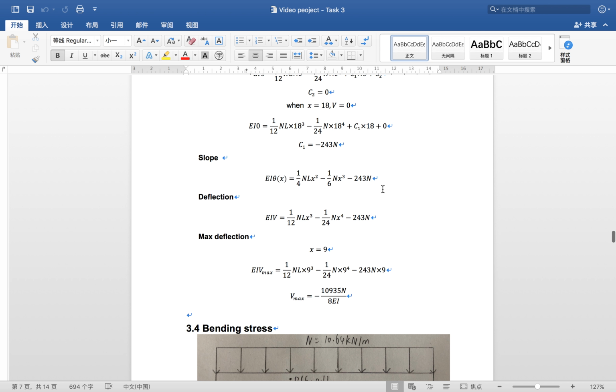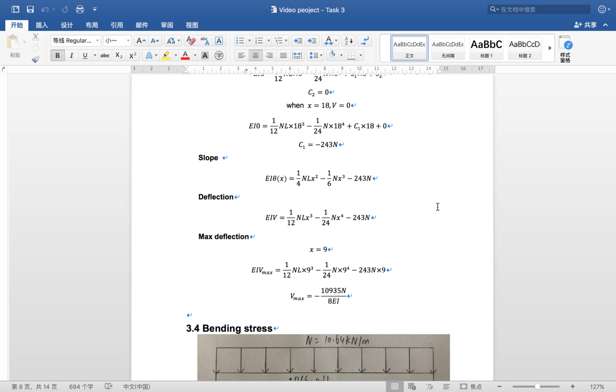Finally, the slope equation is a quarter times n times l times x squared minus n times x cubed divided by 6 and minus 243 times n, and the deflection is n times a times x cubed divided by 12 and minus n times x to the fourth divided by 24 and minus 243n.